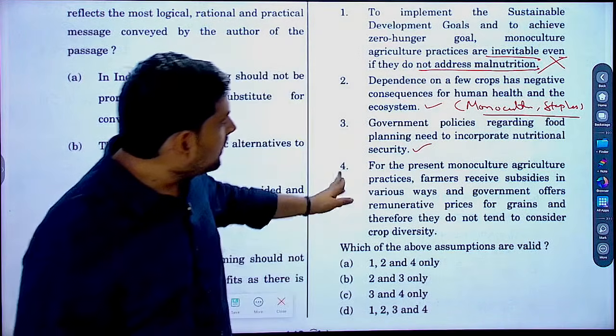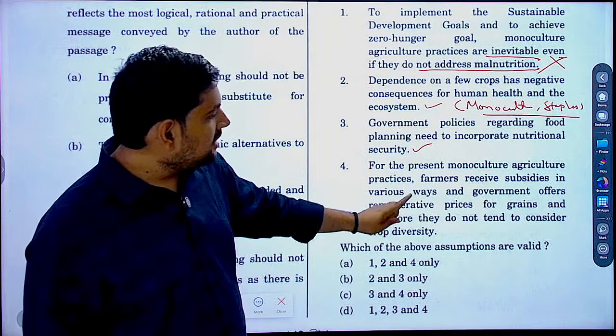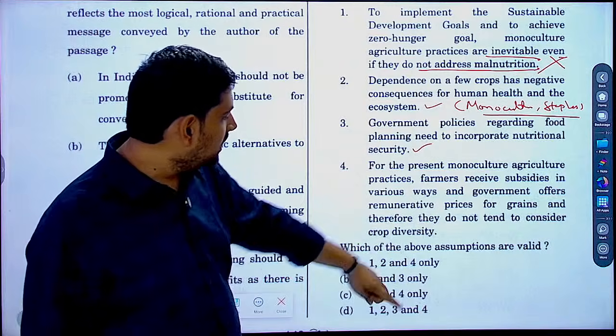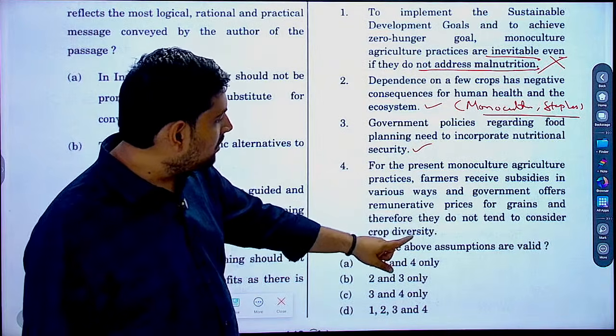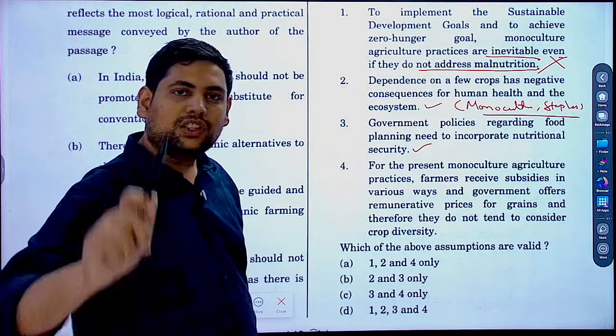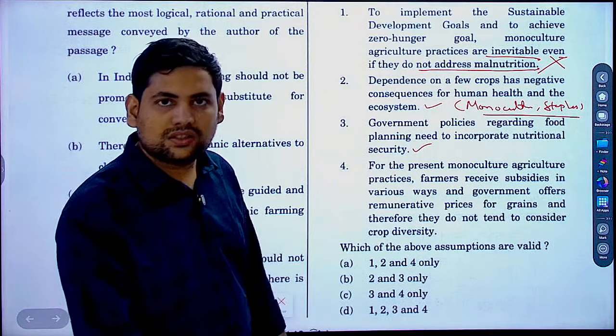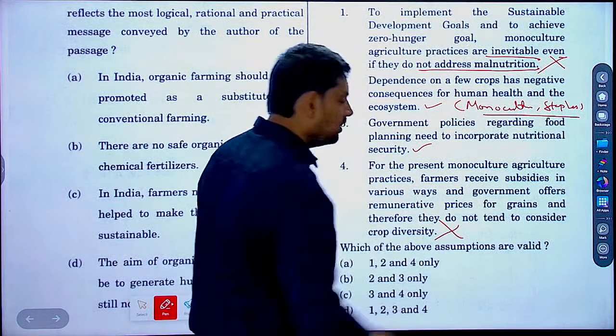Then, for the present monoculture agriculture practice, farmers receive subsidies in various ways and government offers remunerative prices for grains, and therefore they do not tend to consider crop diversity. Absolutely the most important reason according to GS for why in India we have the rice-wheat system, but absolutely wrong according to the RC.